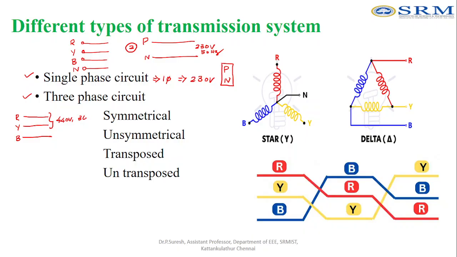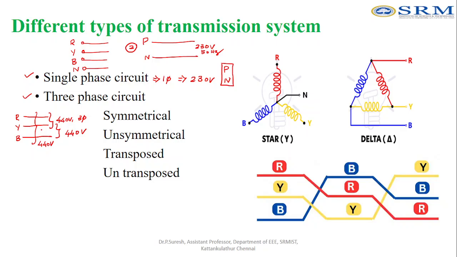Similarly, the voltage between Y and B is also 440, and the voltage between R and B is also 440 volt. Here we require 3 conductors, whereas for a single phase system we require 2 conductors. So I can use a single phase circuit or a 3-phase circuit.